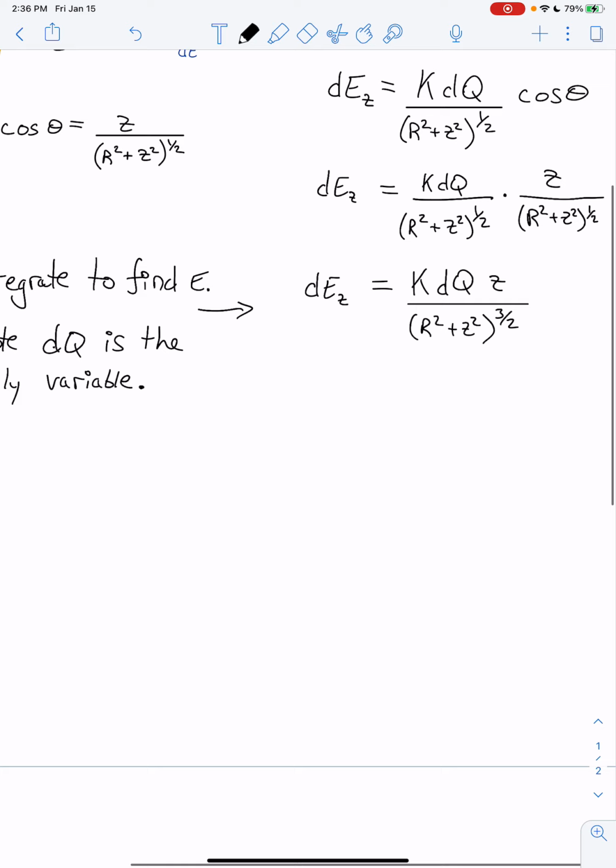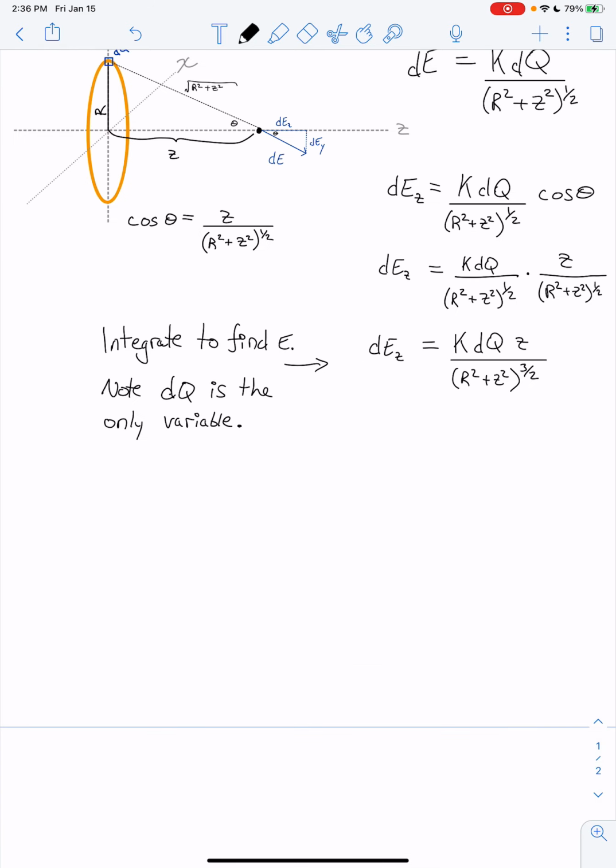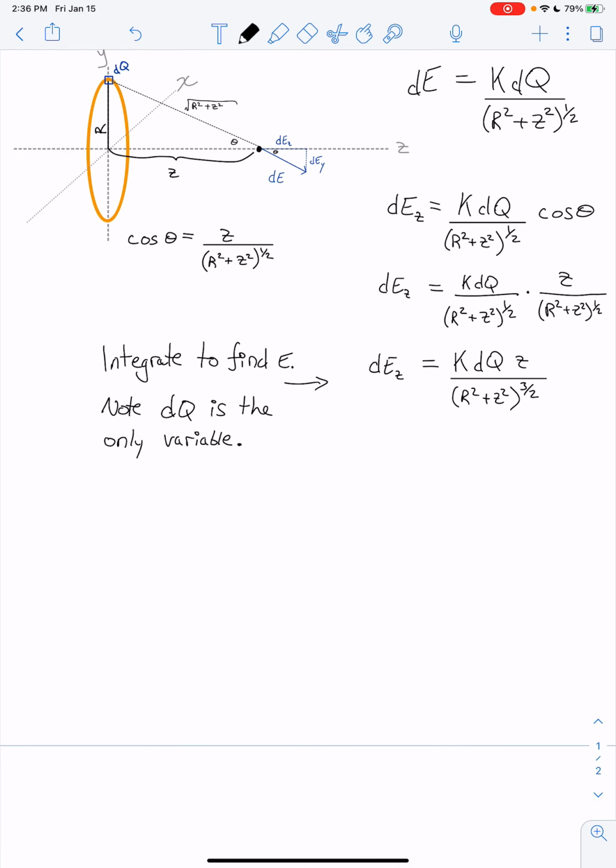Okay. K is a constant. Z never changes. That's a consequence of the geometry of this particular situation. You can move around the length of the ring, but the location along the ring doesn't matter. What matters is the distance between the ring and the point, and that never changes. Z and R remain, and the combination of them that gives you the distance between dq and that point remains the same. So those don't vary.